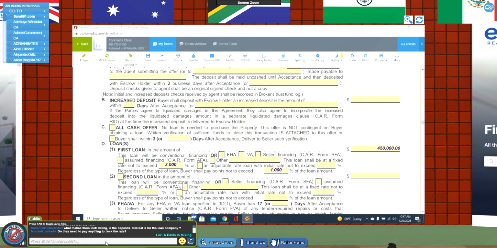And if it's at 2.75 and we know it could jump up to 3, we don't want to see 2.75 because it gives them pretty much an automatic out if they want it. Exactly. So it doesn't necessarily make it stronger, but it lets me as a listing agent recognize that at least they gave a little bit of wiggle room if that interest rate changes. They're not going to bail on us.